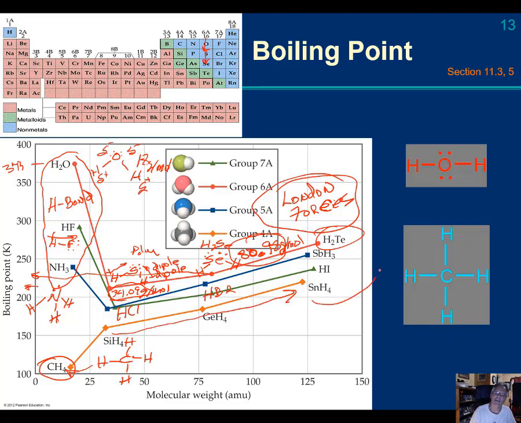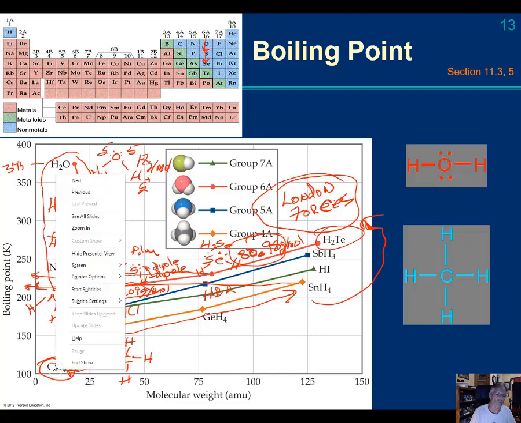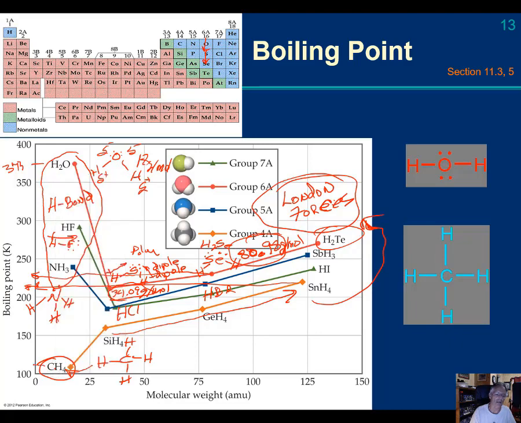And as they get bigger, the London forces cause the molecules to become stickier and stickier and stickier. And so the boiling point, even for nonpolar molecules, is going up from methane, which is way, way down here. And then if we get to stannane over here, it's up here at around 220 Kelvin.